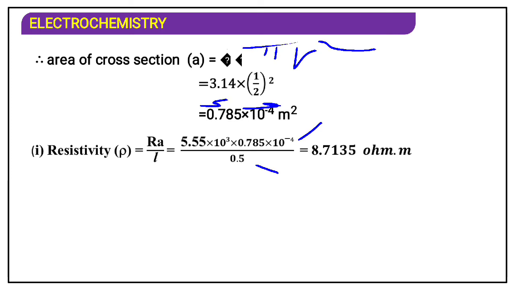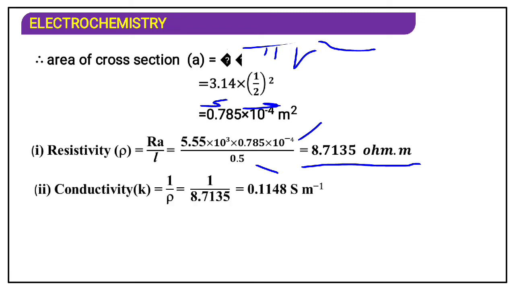After simplification using a calculator, we get 8.7135 ohm meter. This is the resistivity. For conductivity, the inverse of resistivity is called conductivity. The resistivity value is 8.7135, so 1 by 8.7135, if you do the calculation, you will get the conductivity.